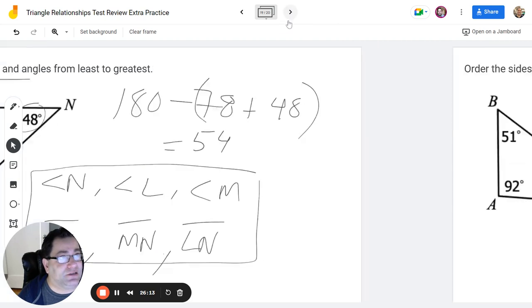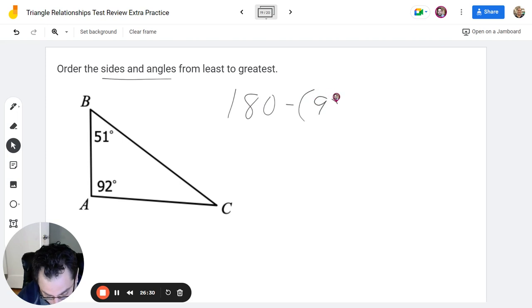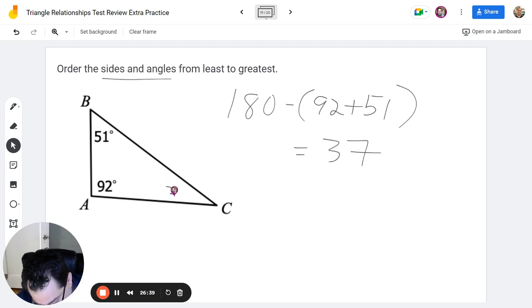Number 19, two left. Same deal as the last problem. What are the sides and angles from least to greatest? To find that third side, we use the triangle sum theorem. We start with 180 and we subtract 92 plus 51, which is 143. So with this we get 37. Now same drill as before, least to greatest.